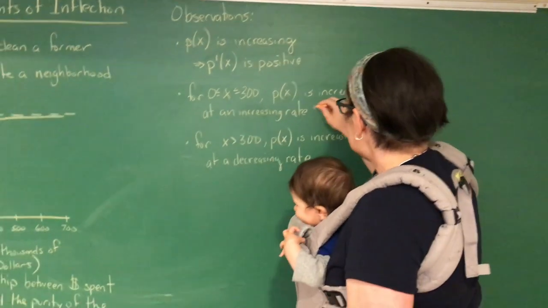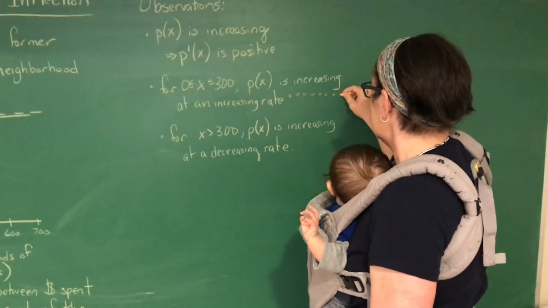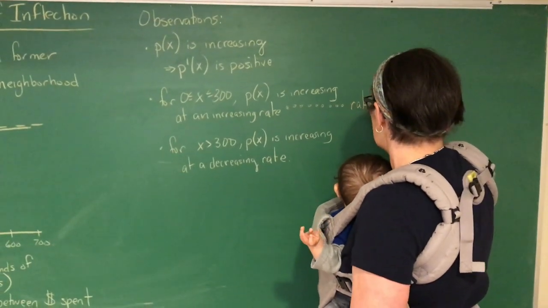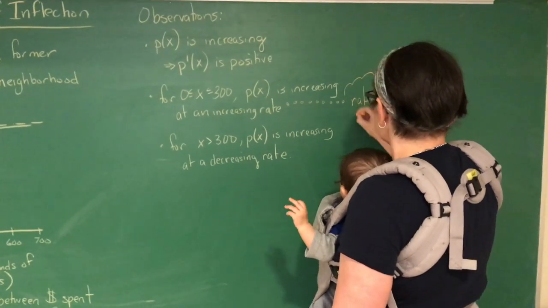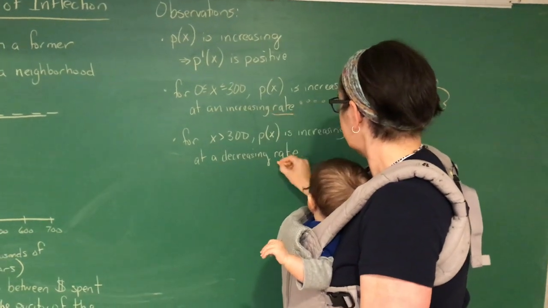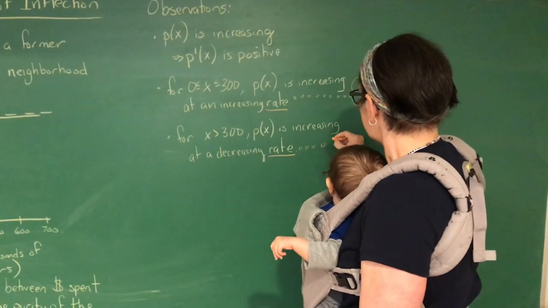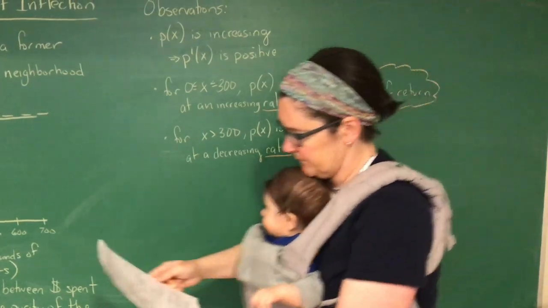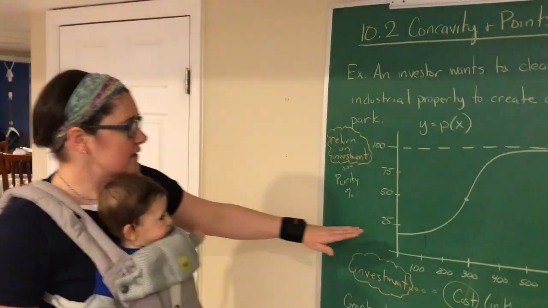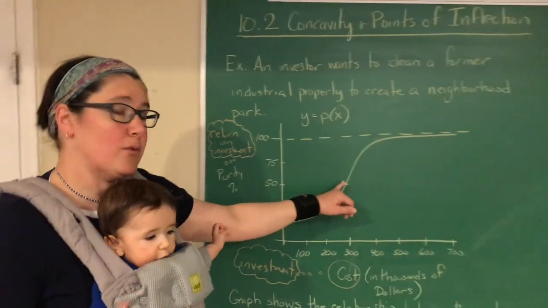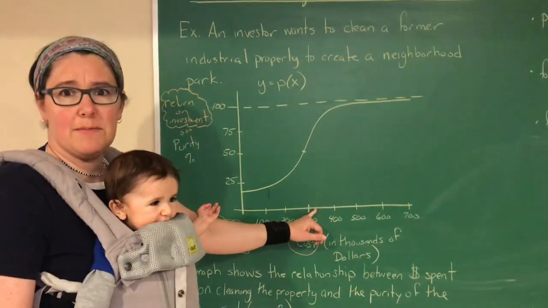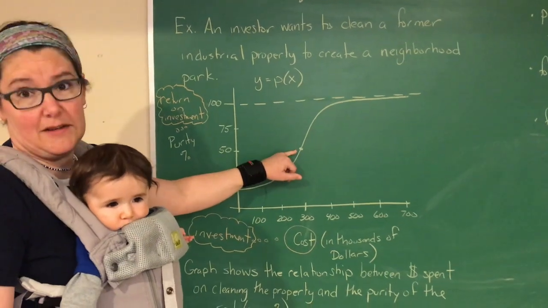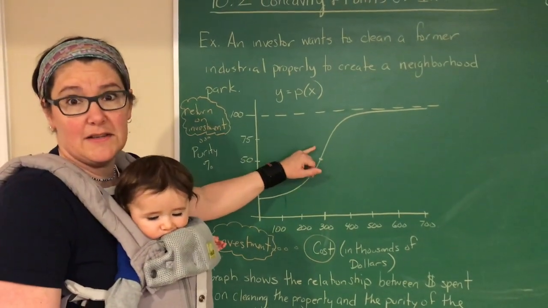So another way to say increasing rate is to say rate of return. So thinking about that idea, what this graph is saying is that at this steepest point right here in the middle, if we increase our investment by just a little bit, our purity is increasing by a lot because our graph is very steep here.